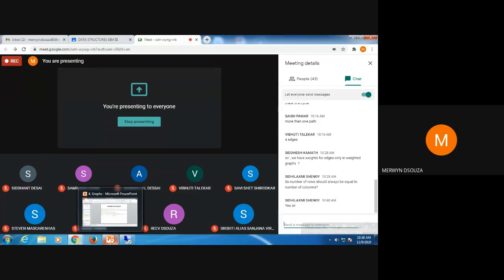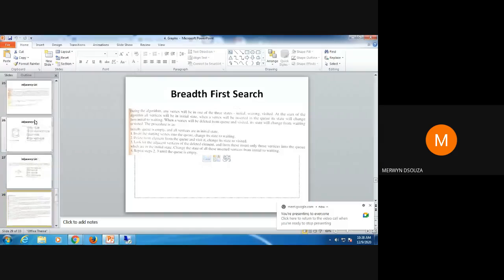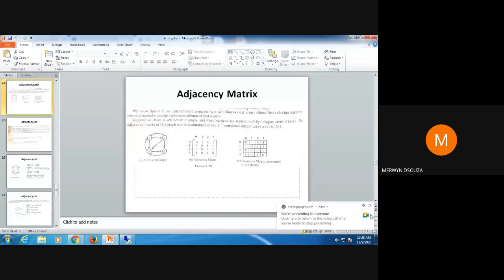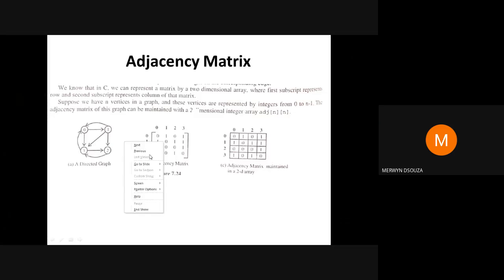Yes, it will be equal. The number of vertices: how many vertices are there? Here there are 4 vertices. There will be 4 rows and 4 columns, because the number of vertices n is equal to 4.